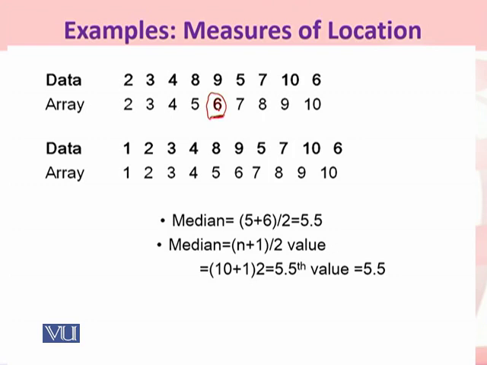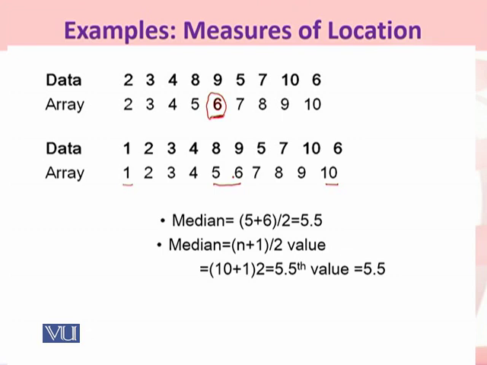Now, I will take another example, where the number of observations is even. The procedure remains the same: first of all, we arrange those values from smallest to the largest. The minimum value I got is 1 and the maximum is 10. Now, how do we calculate the median? Median lies in the center of the data. If you see, it will lie between 5 and 6.